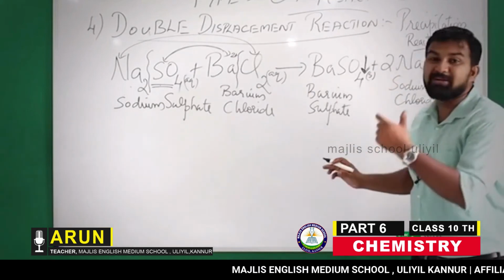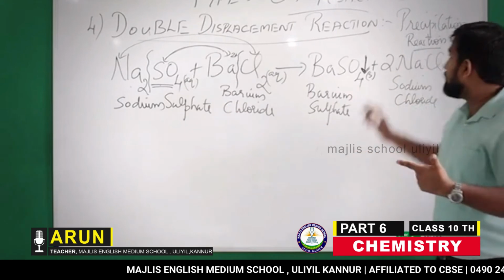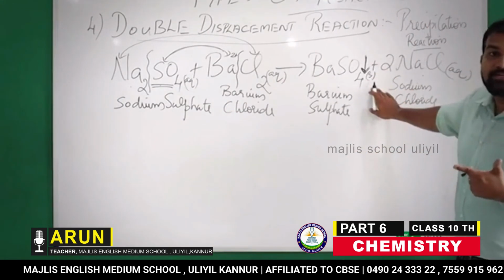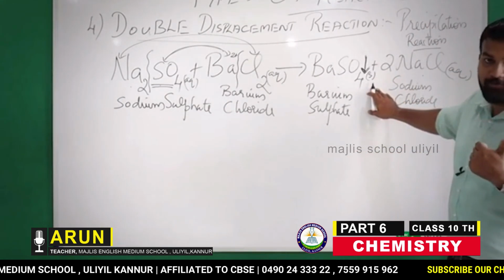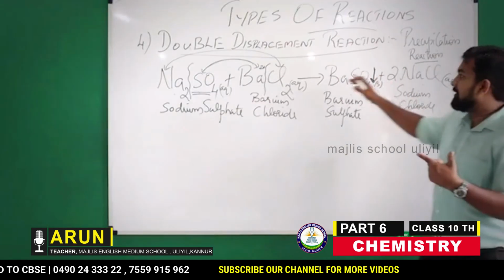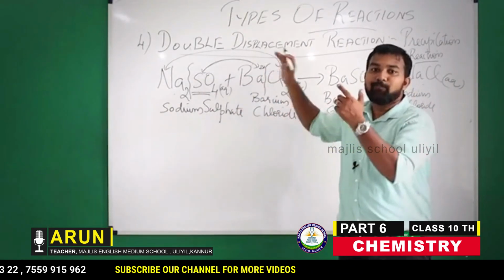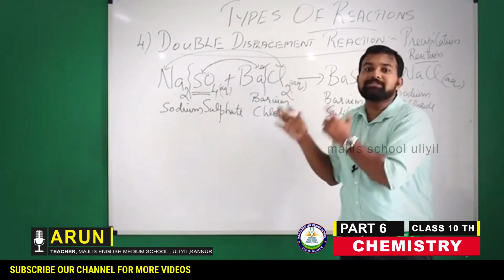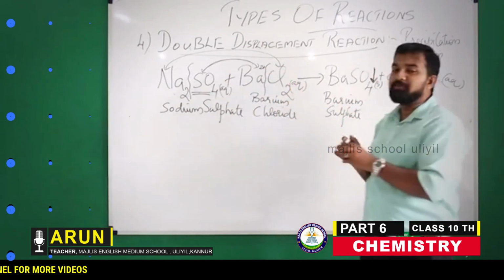Precipitate means insoluble substance. Clear? So a precipitate is formed in this type of reaction, and this can also be called a precipitation reaction. And double displacement means mutual exchange of ions takes place.